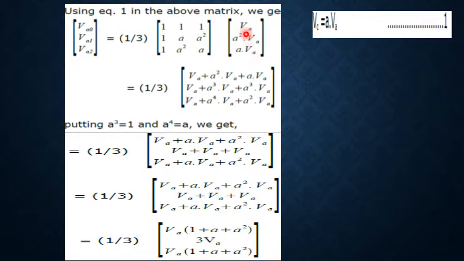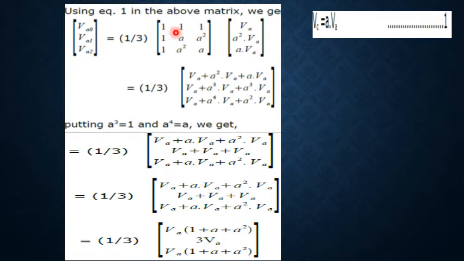Here VA is equal to VA, that is what we got. VB represents a squared into VA, and VC represents a into VA. After this, we do further simplification. Here we can do the matrix multiplication of these two submatrices, respectively row into column.